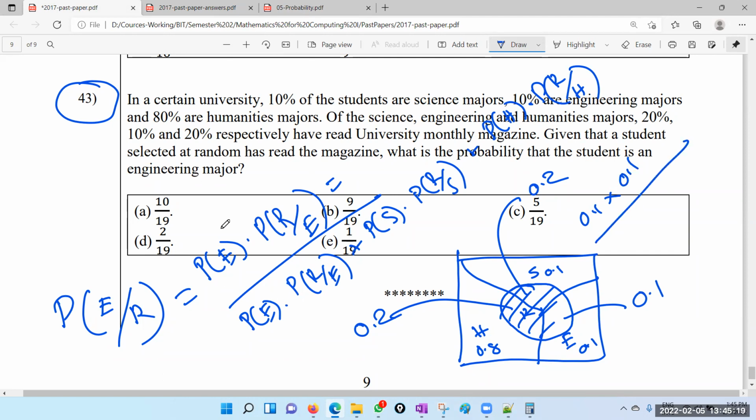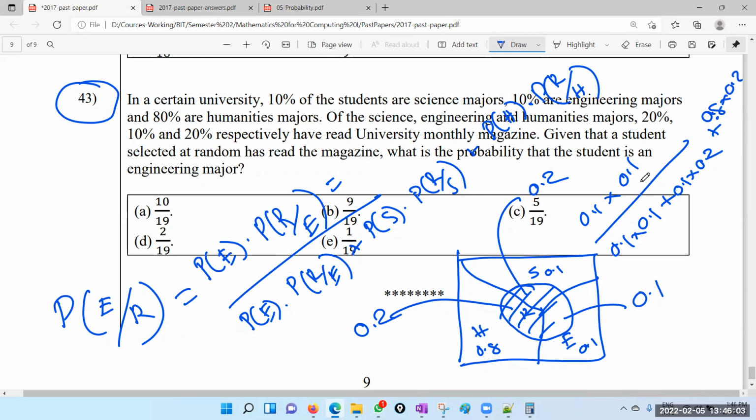Divided by, this is anyway the same thing, 0.1 into 0.1, plus the probability of science 0.1 into probability of science students have read it 0.2, plus probability of humanity students is 0.8, into probability that humanity students have read it 0.2.